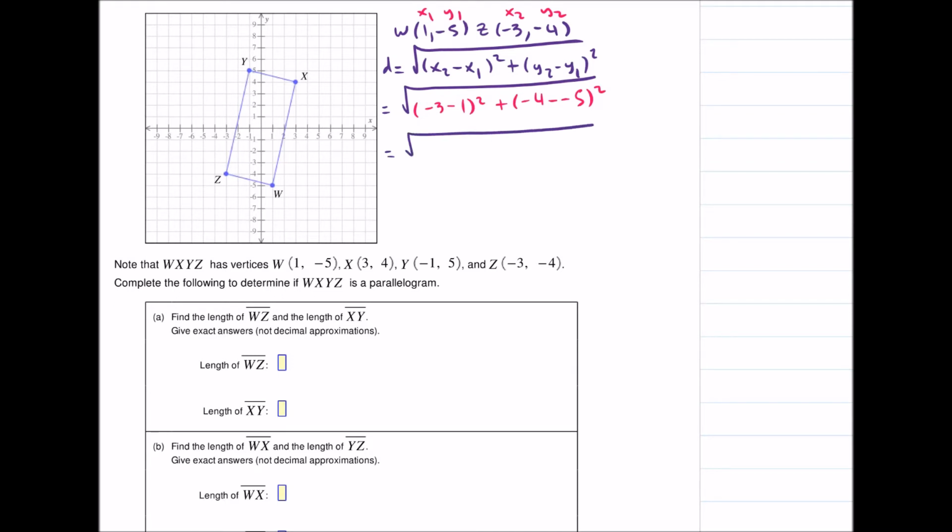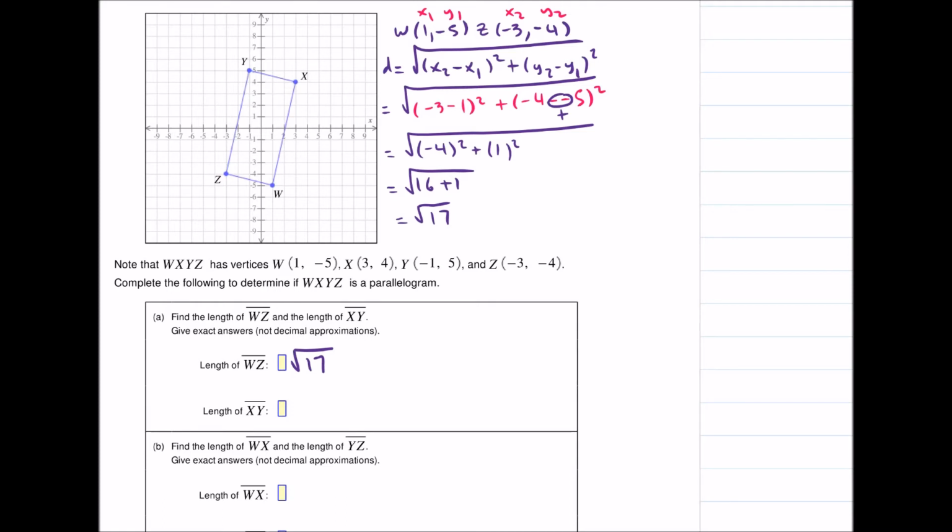So the first parenthesis will give me -4 squared, plus the negative sign makes a positive, so -4 plus 5 is +1 squared. That will give us 16 plus 1, which is square root of 17. Square root of 17. You don't need to use a calculator to find the approximate answer.